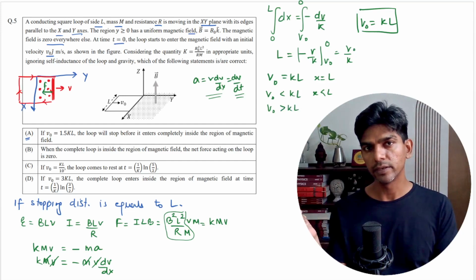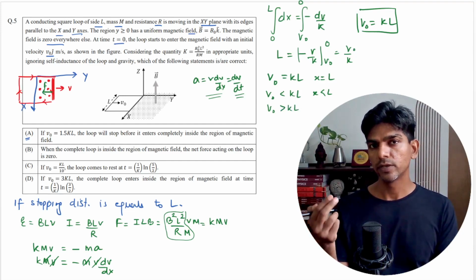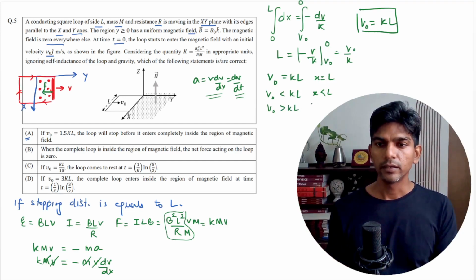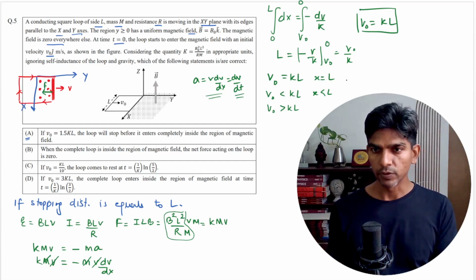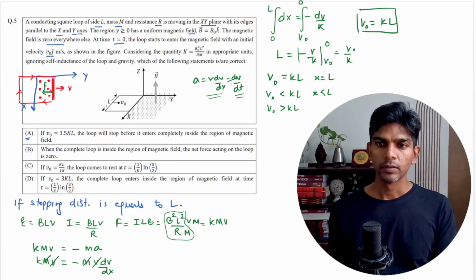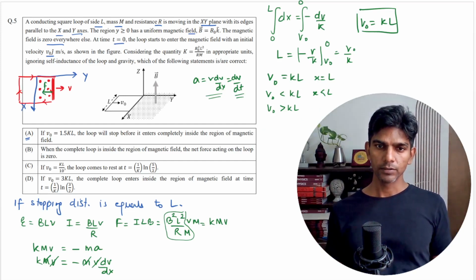It will enter the magnetic field, and after that the flux will become zero and it won't stop. It will keep on moving at the constant velocity, right?